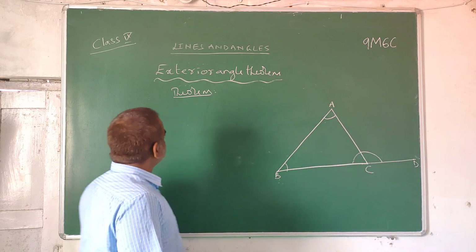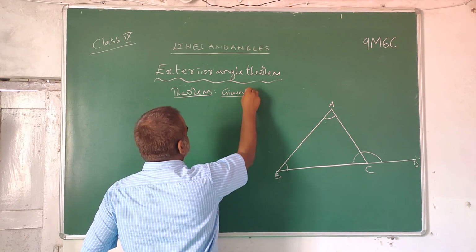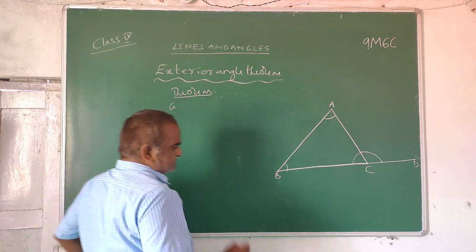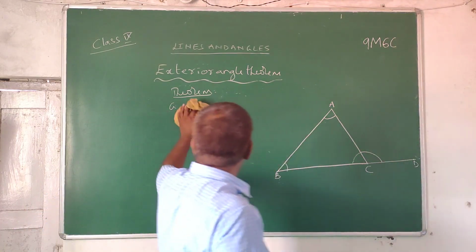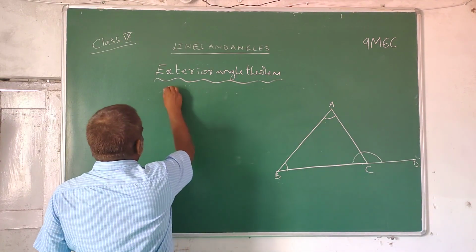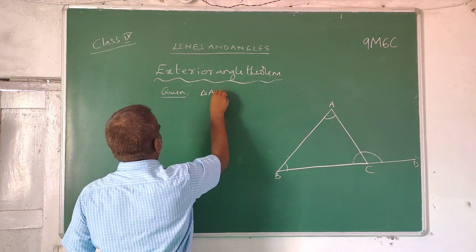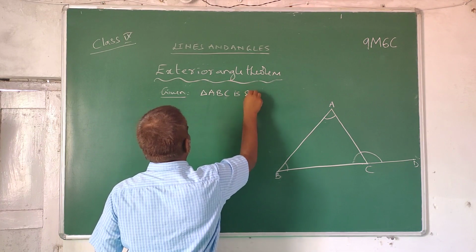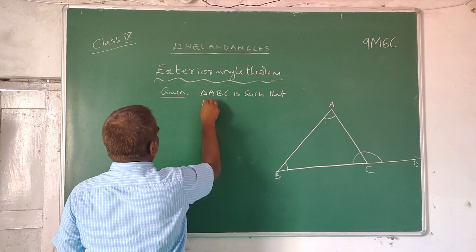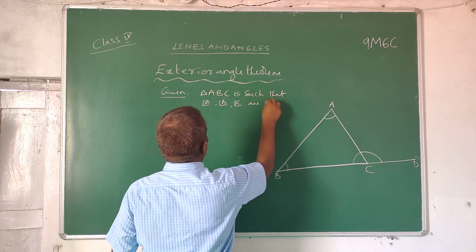So now, given. What is given? Here let us write. Given: triangle ABC is such that angle A, angle B, angle C are its interior angles.